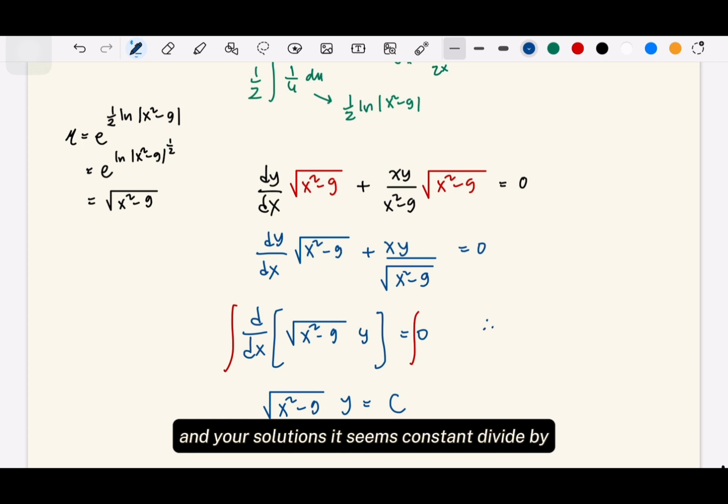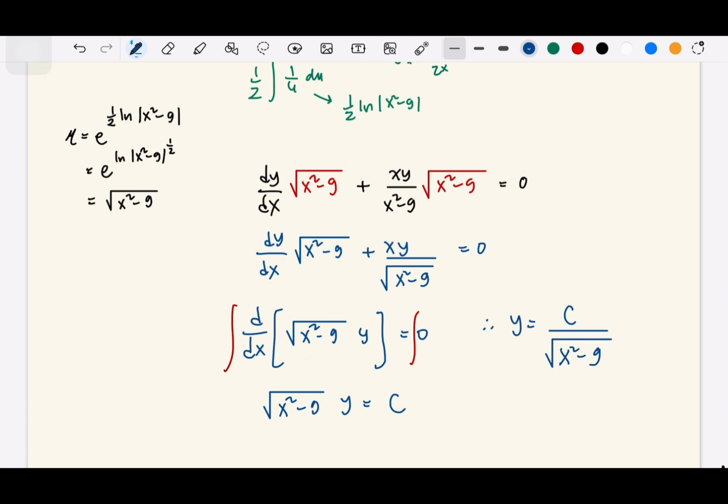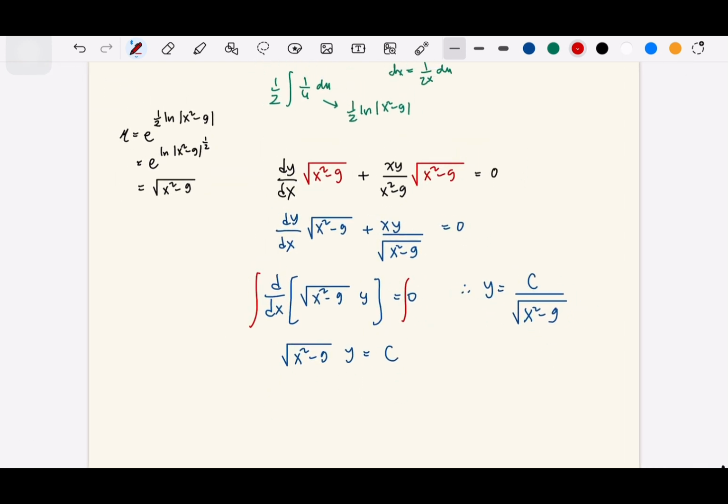And your solution, it seems, is a constant divided by the square root of x squared minus 9. So on this interval, the solutions are this.